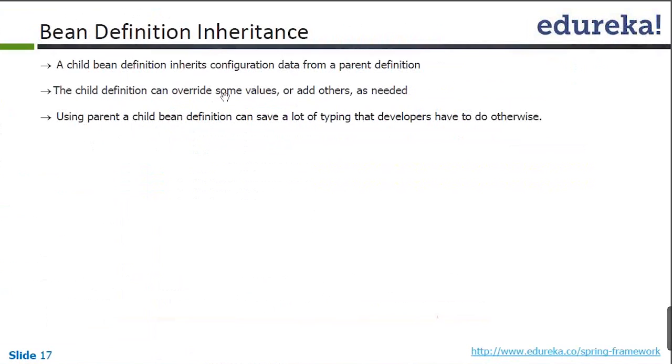Using parent, a child bean definition can save a lot of typing that developers have to do otherwise. So what does it mean? You need not redefine those properties in parent and child. Rather, if you define it in the parent, it will be acquired by the child if you establish both. This is my parent relationship with the child.